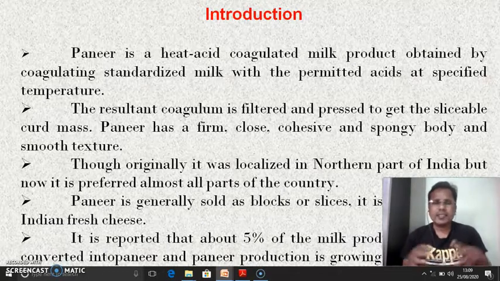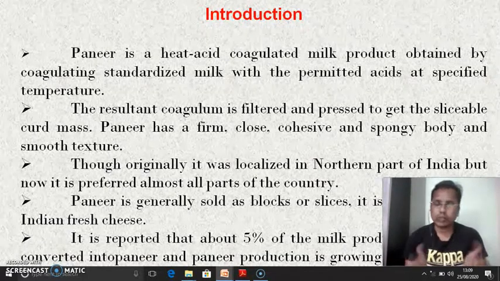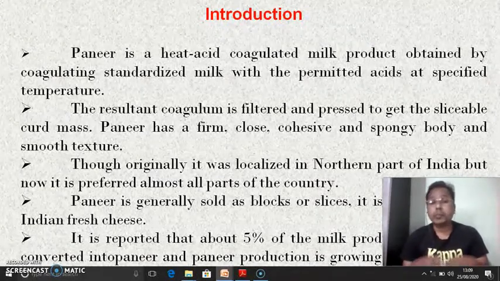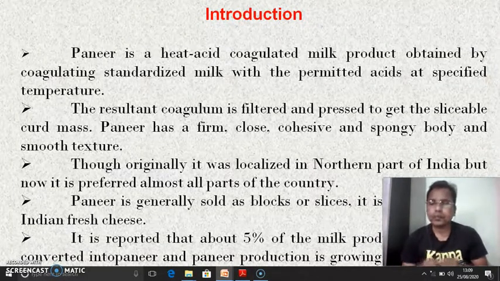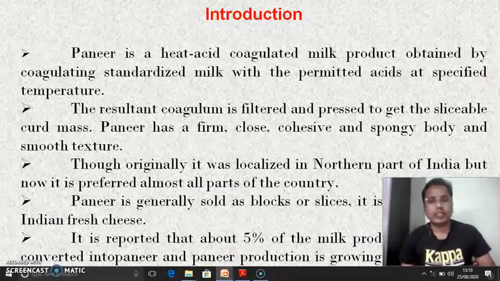Paneer is generally sold as blocks or slices in supermarkets or small markets, and it is reported that about 5% of the milk produced in India is converted into paneer. Paneer production is growing very fast in India due to its popularity. So this is the short introduction about paneer.